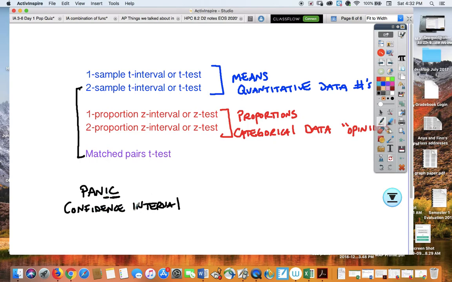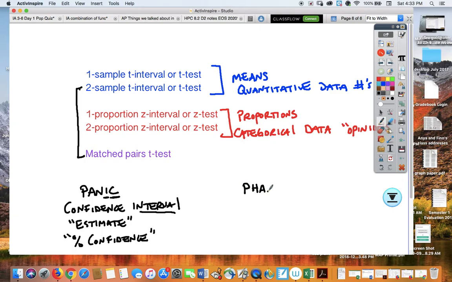So that might help you remember confidence interval. Do this if you're told to estimate something. Do this if they give you a percent confidence in the problem, if it says anything about a percent confidence. Do this if it says anything about an interval. Those are the key words to look for.